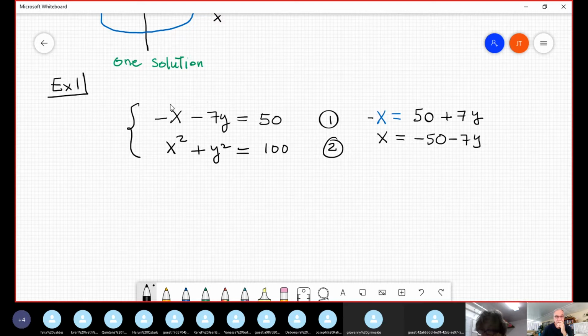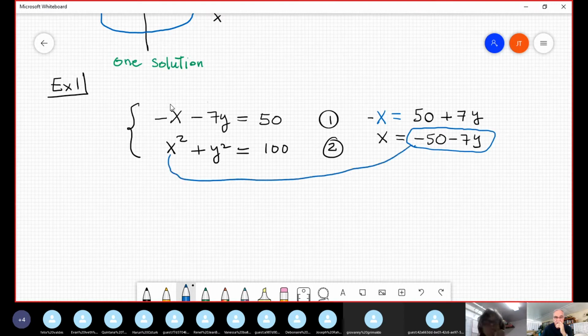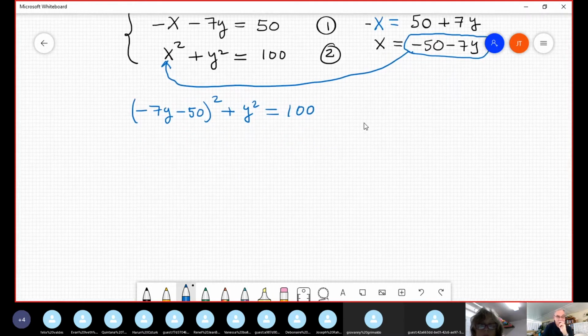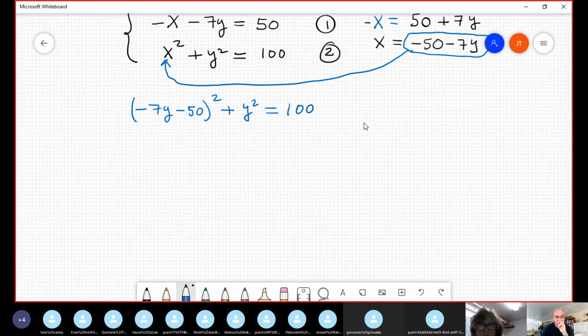And this new expression, I substitute in the other equation, in the x place. So it is minus 7y minus 50, squared, plus y squared equals 100. This is an easy substitution. Well, you expand this.